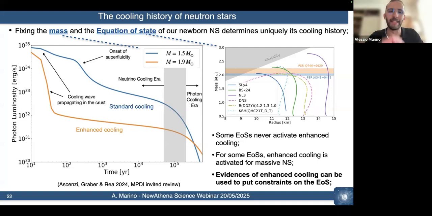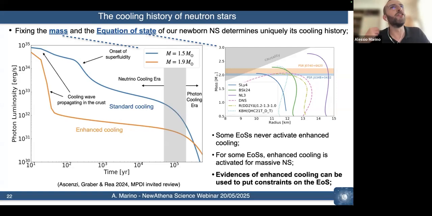So the point here is that if we find a neutron star or several neutron stars that are very young and yet very cold, it means that they have had to have experienced enhanced cooling. And this is a way to constrain the equation of state, because only some equations of state can allow the existence of these young and cold neutron stars.